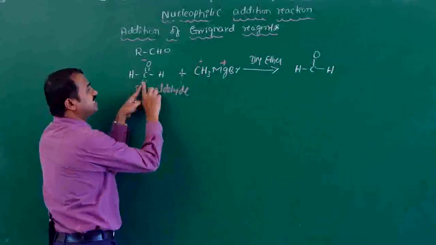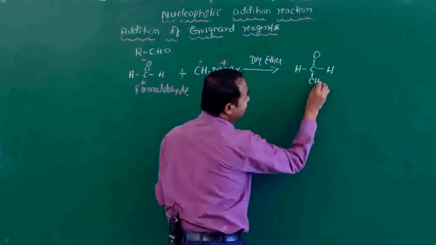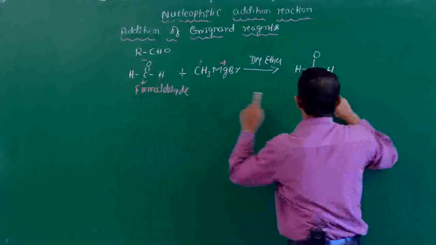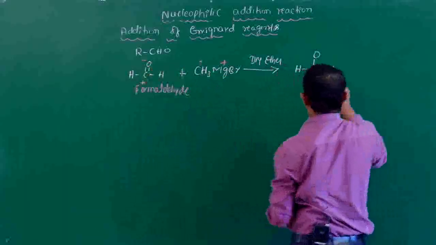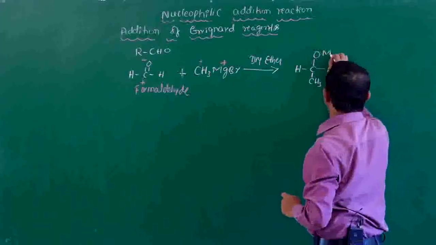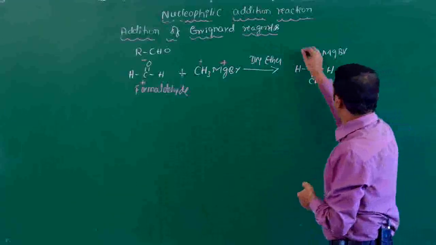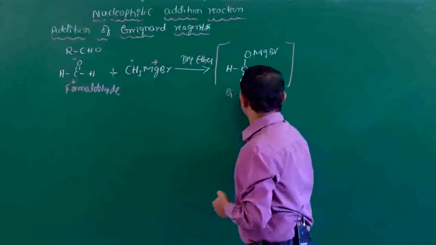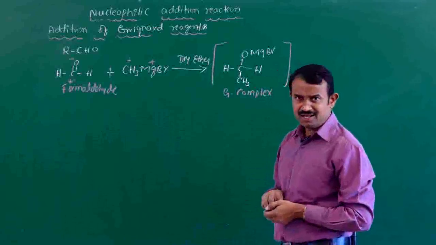The nucleophile is attached to the electrophile. The nucleophile CH3 with negative charge attaches to the positive carbon, and the positive MgBr attaches to oxygen. This is called the Grignard complex or adduct.